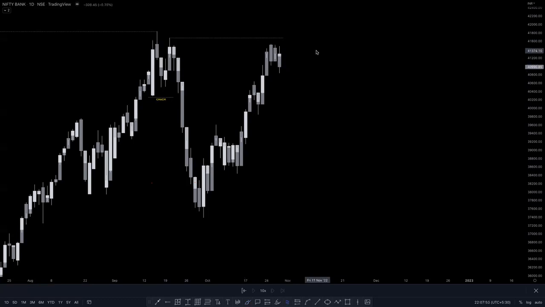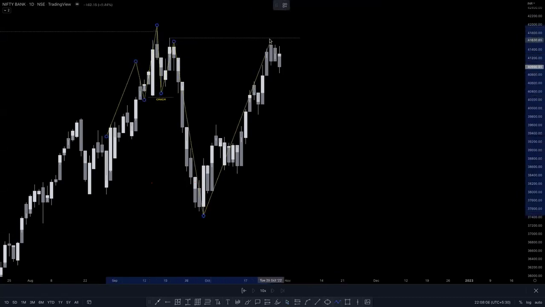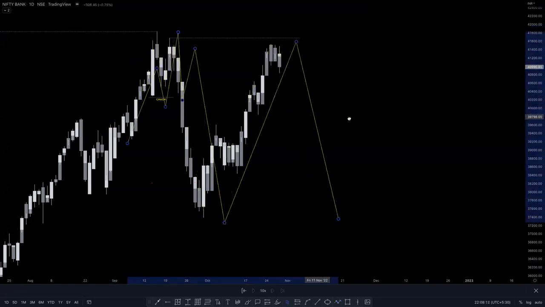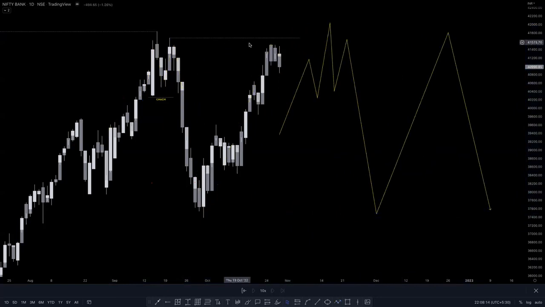If you want to sell as per the structure, then this high must be taken out, because after this change of character, only this high is an inducement here, right? Like this, sweep this high and then sell. Once the market has taken out this high as per the structure, then you can sell.